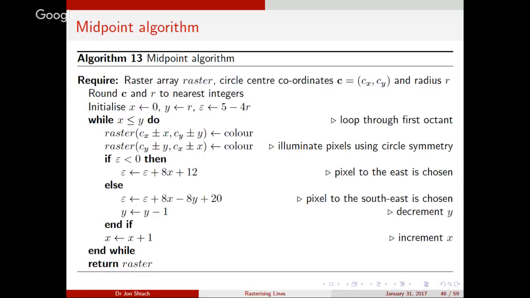I've got one there, and I've also got one there, and another one down here. So on the first one, using the circle symmetry, I could illuminate those 4 pixels.